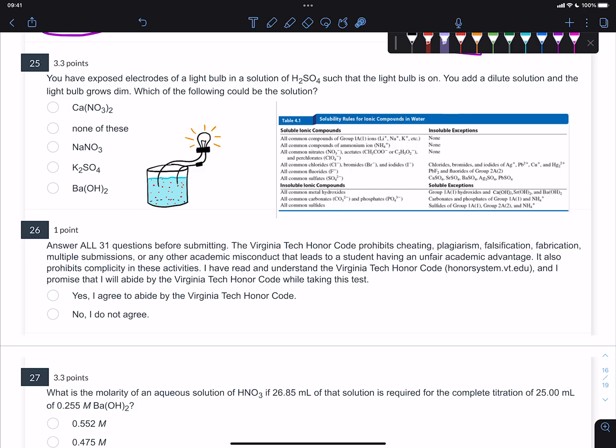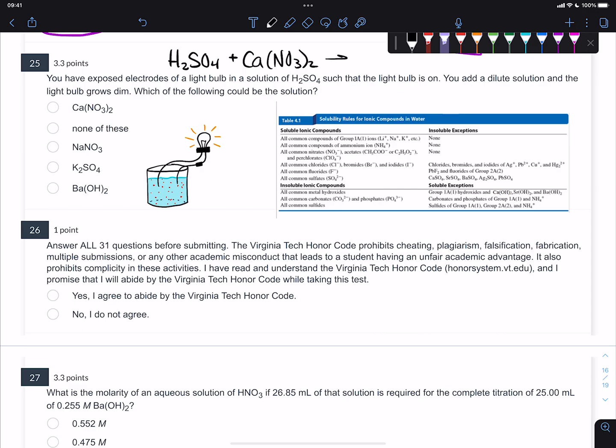Looking at the answer choices, we have an ionic solution, an ionic solution, an ionic solution, and a basic solution where we have ions in the solution. This is actually a strong base. So let's think about what would happen where we have a strong acid, H2SO4, and we add an ionic solution to it, such as calcium nitrate.